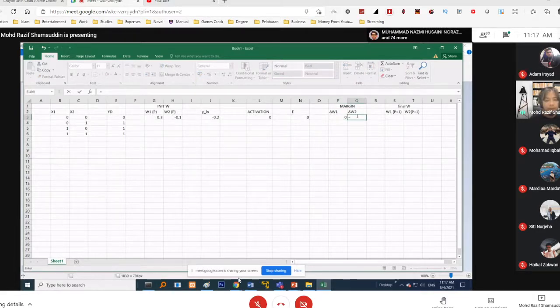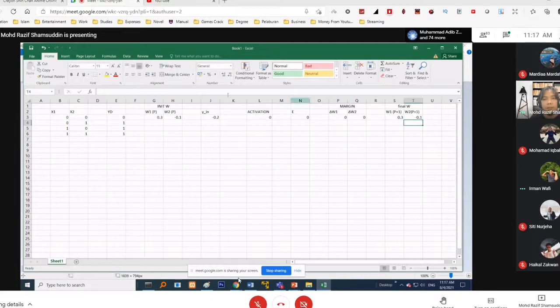Sama dengan alpha 0.1 darab dengan input x2 darab dengan error kan? Betul tak? Error ni. Kan? So kosong. So final weight P plus 1 sama dengan weight P plus the marginal difference. So weight 2 P plus 1 sama dengan weight 2 plus the marginal difference. Enter. So you dapat sama kan? Tak berubah. Betul tak?